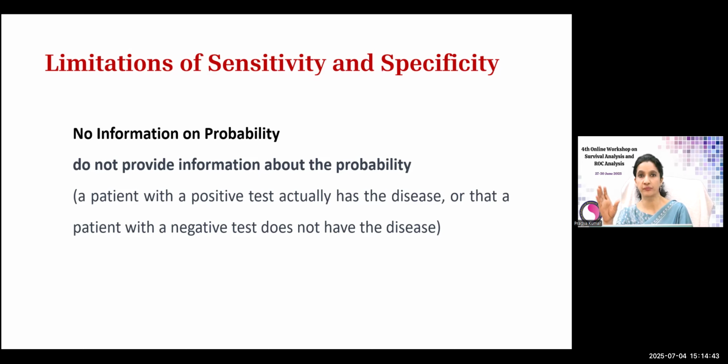If the patient has come with a positive result, is he having the disease or not? You might remember the time of COVID, when there were many kits in the market testing COVID positive and COVID negative. But what about the predictive values? That means if the test has come positive, what is the likely chance that I actually have COVID?